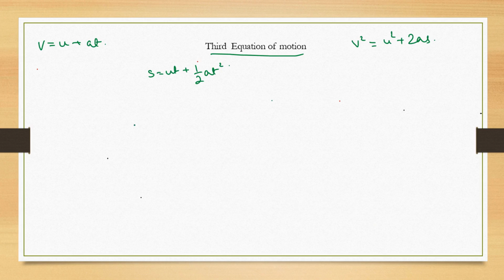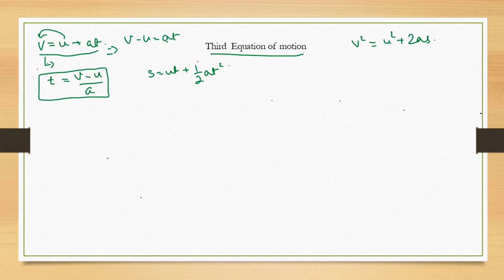Now from the first equation we can extract, by rearranging, the time as t is equal to v minus u divided by a. By rearranging, v minus u equals at, and then t is equal to v minus u upon a.